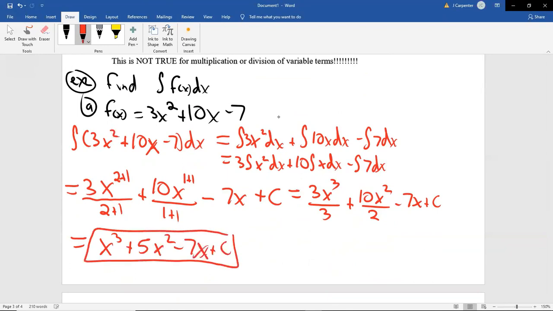And if you do the derivative of x cubed is 3x squared, boom. The derivative of 5x squared, bring the 2 out, 2 times 5 is 10, 10x, boom. The derivative of negative 7x is negative 7, the derivative of a constant goes away.